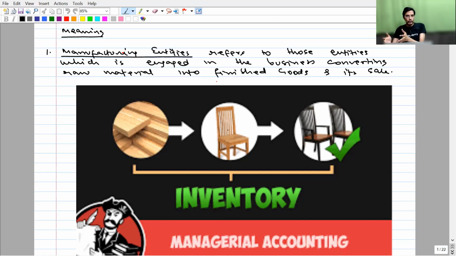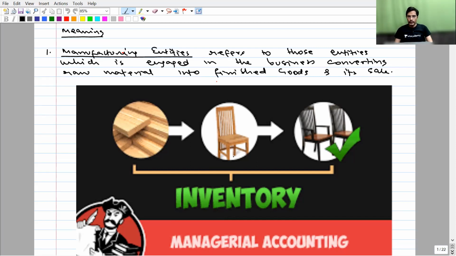Then this wood will be further processed and converted into a chair. So this second one will be work in progress for them, semi-finished goods, and the third one will be finished goods. So any entity which is engaged in the business of converting the raw material into finished goods and then selling it is referred to as a manufacturing entity.